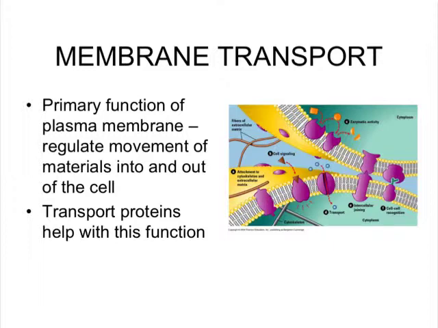So the primary function of a plasma membrane is to regulate the movement of materials in and out of the cell. So that's the main function of a membrane, is to regulate what goes in and what comes out. And those transport proteins that we had talked about earlier, the ones that are channels, are going to help with this transport function.